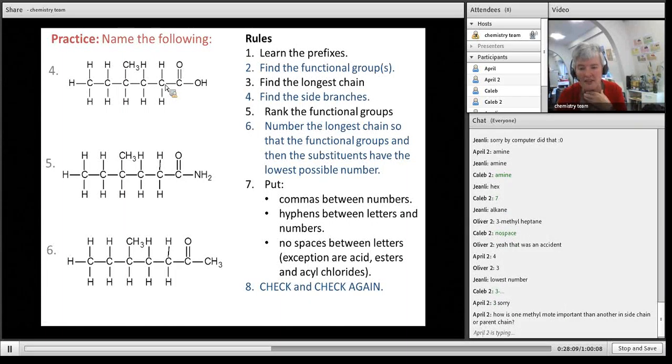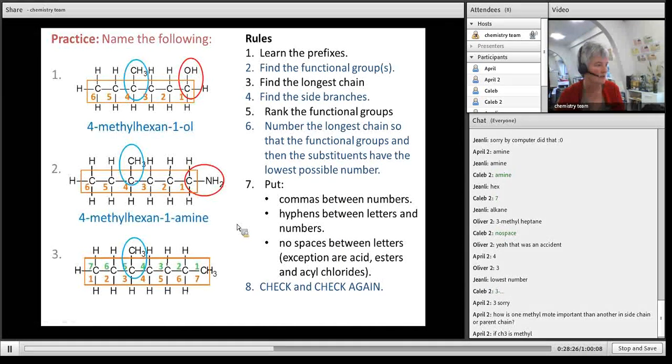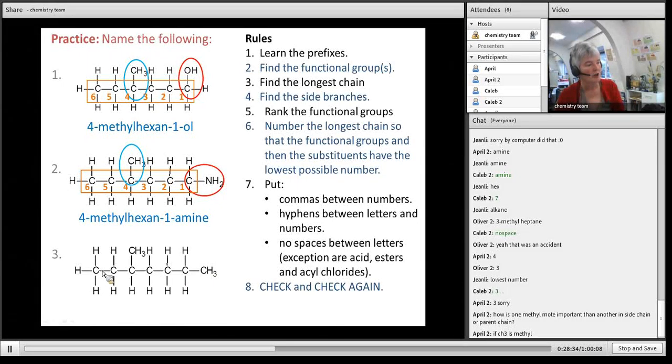Okay, so April, you asked how is 1-methyl more important than another in the side chain? You choose which one is the lowest. Okay, so CH3 is methyl, that's correct. So let me just go back a bit. This is my longest chain. Now, if I only had this side chain over here, we'd number 1, 2, 3.